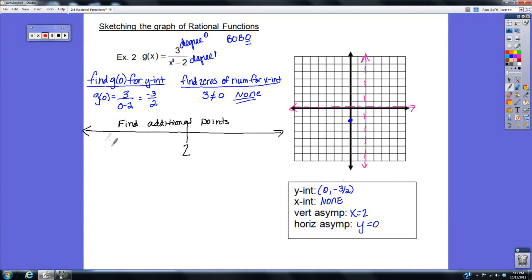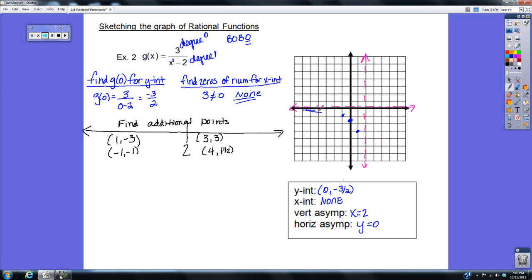And all I need you to do is write down some of the points you're going to use. Like over here, I might use the point (1, -3), and maybe the point (-1, -1). And over here, maybe the point (3, 3), and maybe the point (4, 1.5). Just write down some of the points that you're going to use so that you can have some nice points to graph. So let's graph some of these. (1, -3), and then (-1, -1).